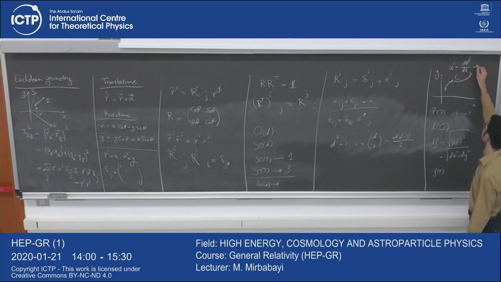By this definition, the norm of this unit tangent is equal to 1. Namely, if I calculate u^i u^j delta_ij, that is equal to 1, by this definition of the length element.